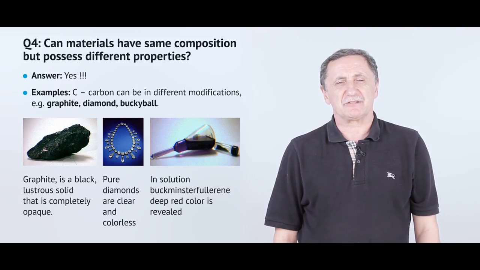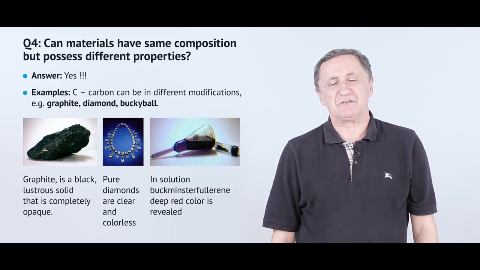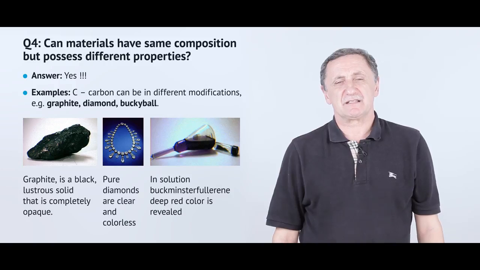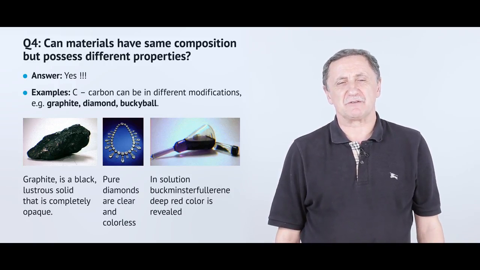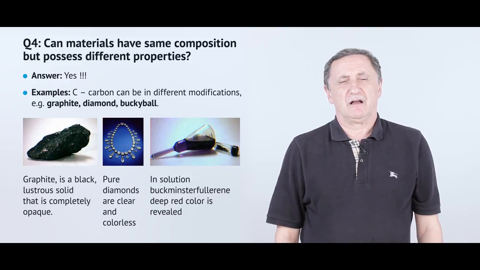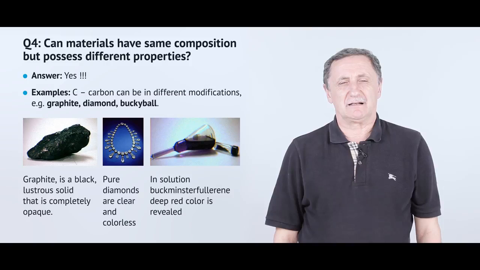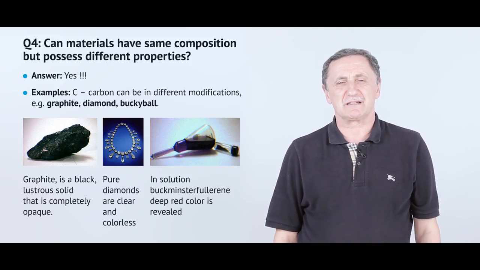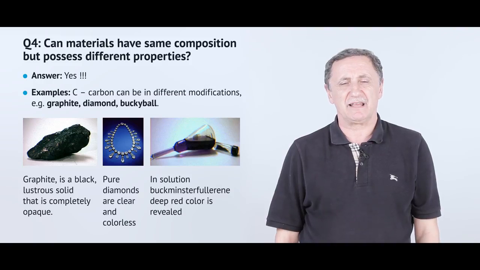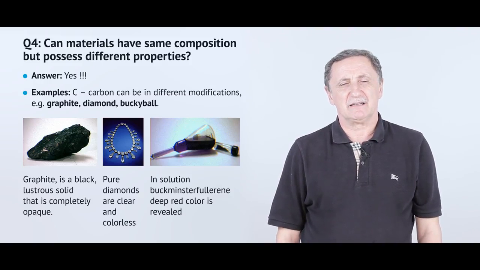So same material, same makeup, extremely different physical property, such as color. Of course, we are not talking about the other properties which come to your mind immediately, let's say hardness of the material. You know that diamond is the hardest material which you could find in nature, while graphite is not hard at all.